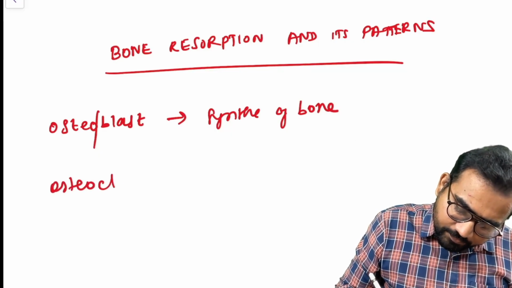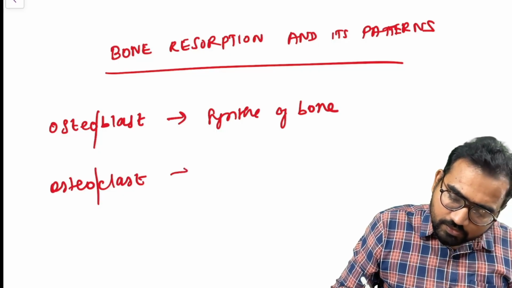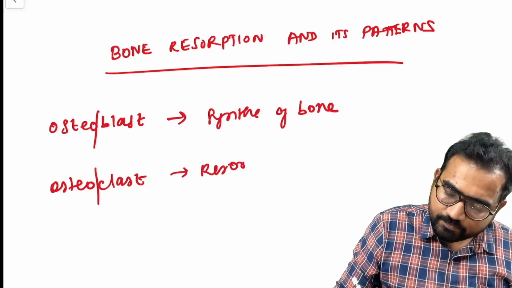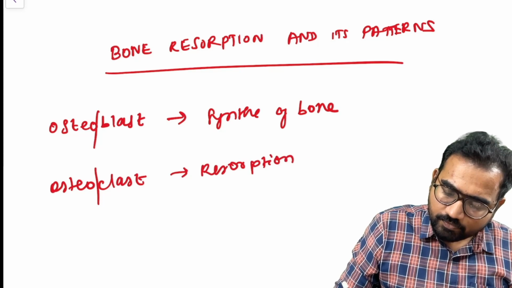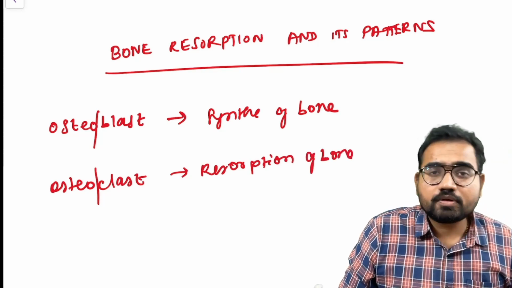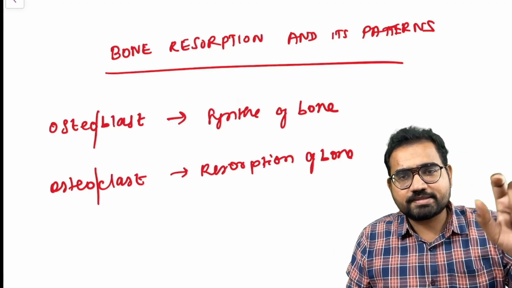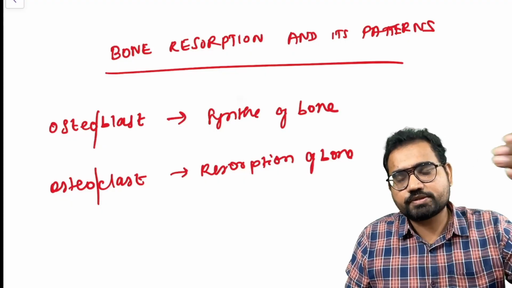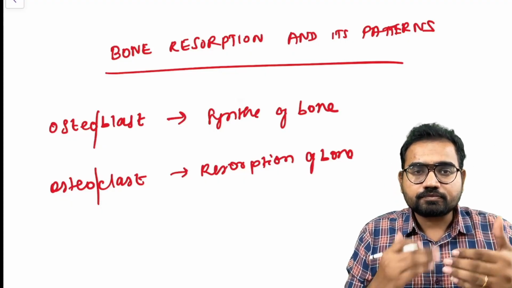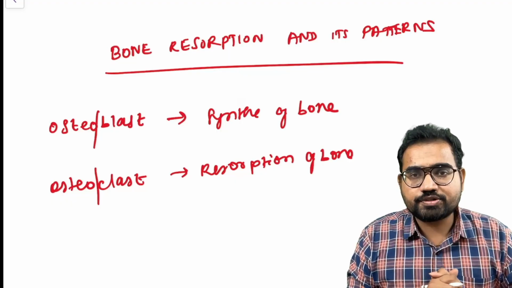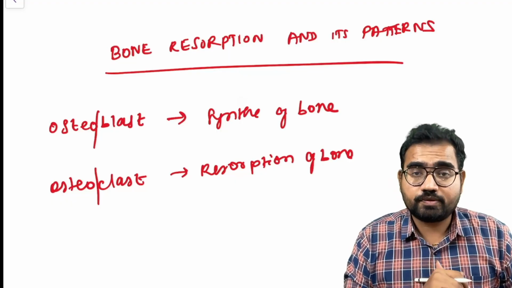Osteoclast, resorption of bone. Do you have any doubts in this? Very basics, right? So osteoblast is a cell which is responsible for synthesis of bone. Osteoclast is a cell which is responsible for the resorption of the bone, right?